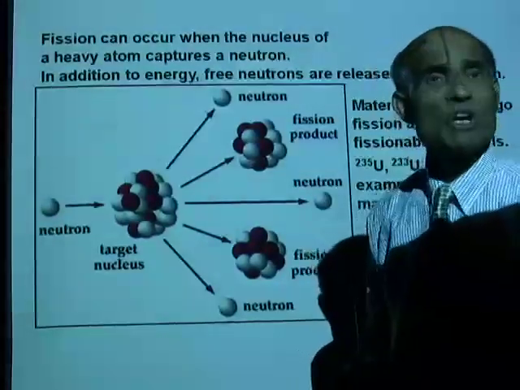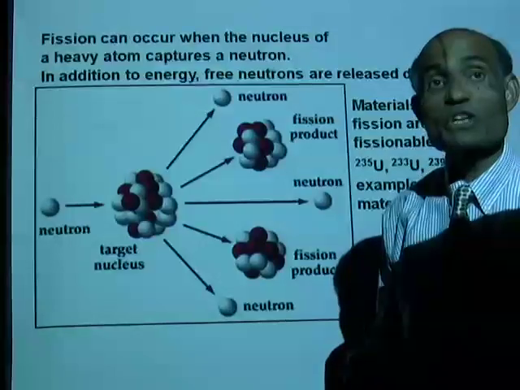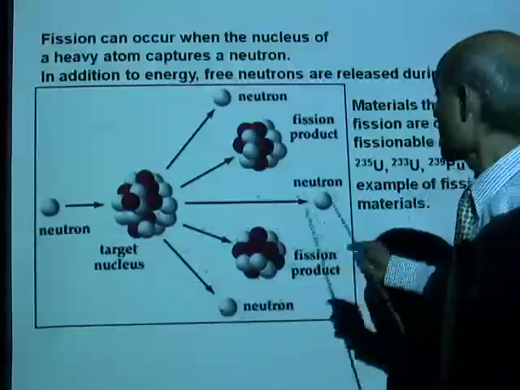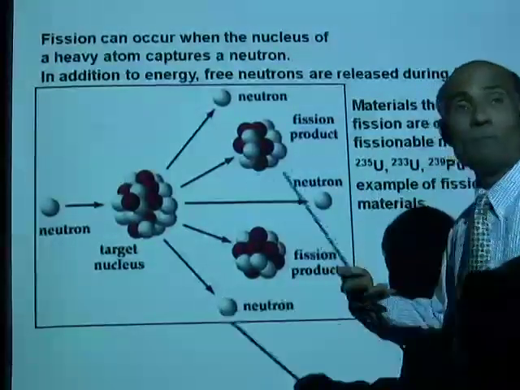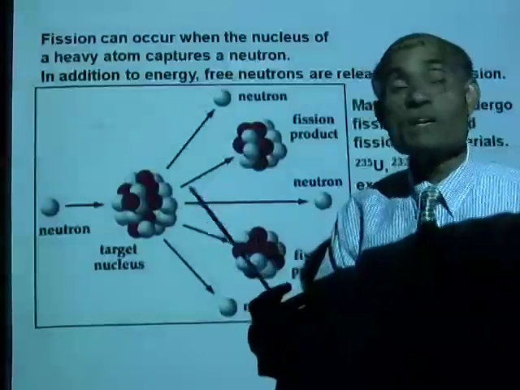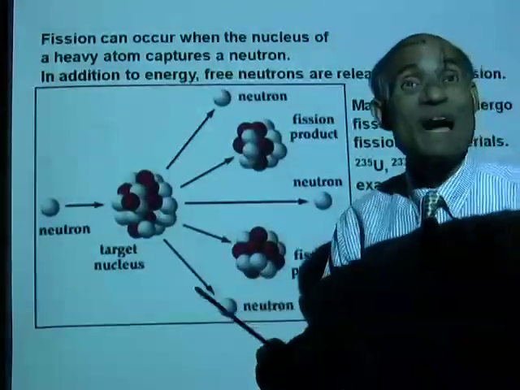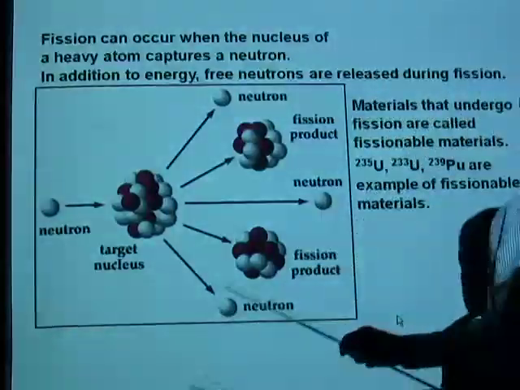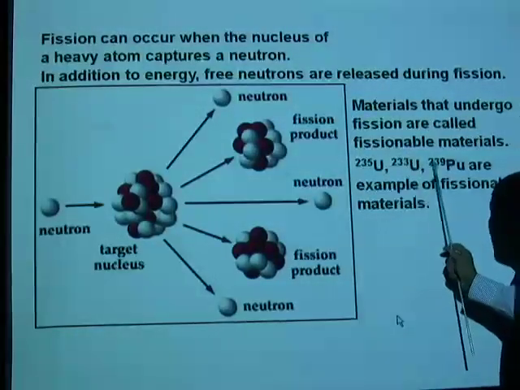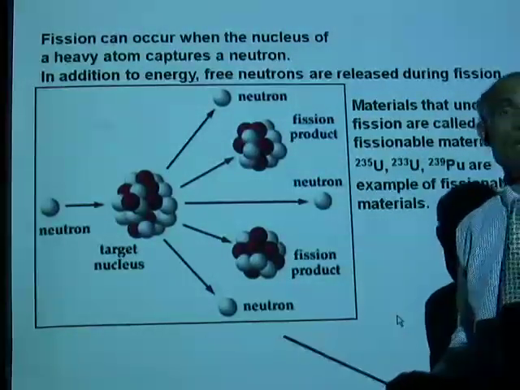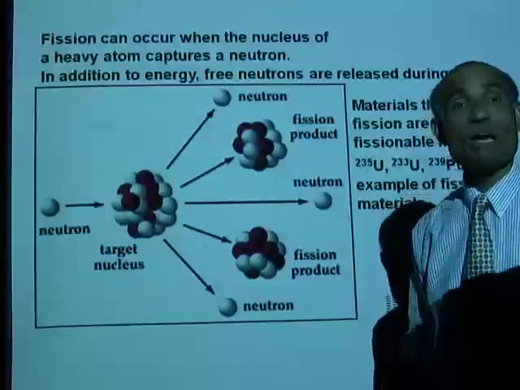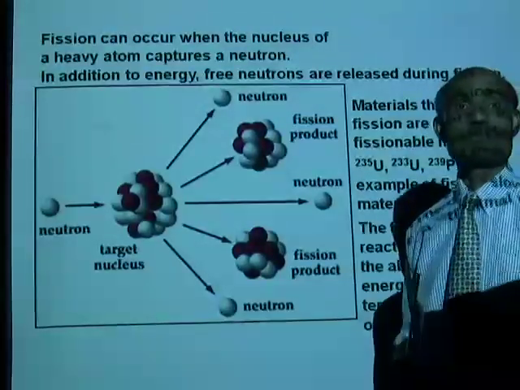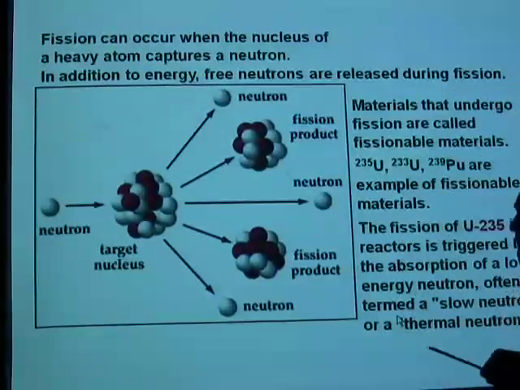plutonium-239. It doesn't really occur naturally, but it can be produced by making uranium-238 radioactive. We will talk about that as we go on. So, 3 important fissionable materials are uranium-235, uranium-233, and plutonium-239.